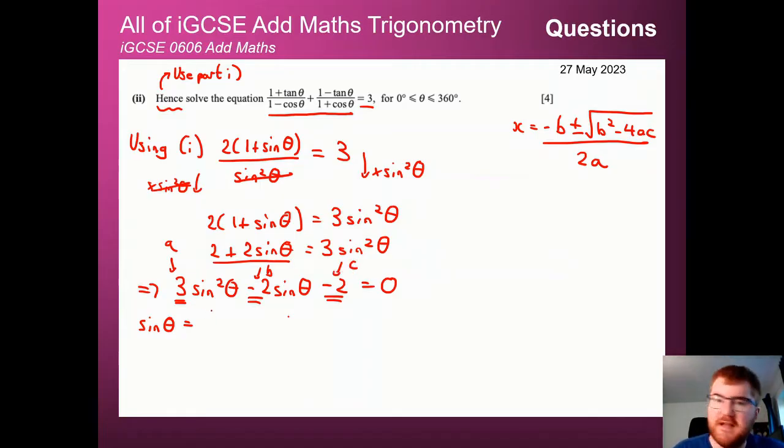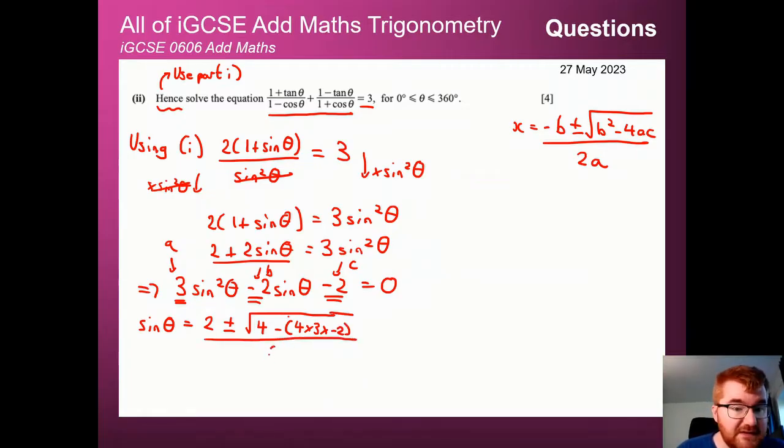So if we substitute it in, we get 2 plus minus the square root of b squared. So minus 2 all squared, that gives us positive 4. So be careful with that. 4ac, so 4 times 3 times minus 2, all over 2a, so that's equal to 6. 3 times 2 is 6. Be careful with that. You often assume it's 2, but of course not in this case.